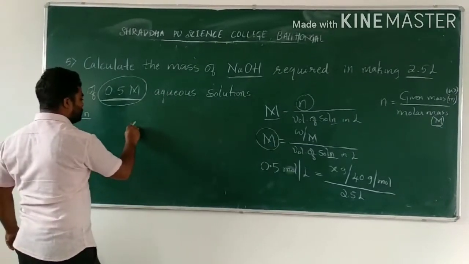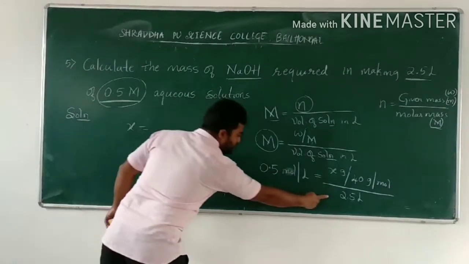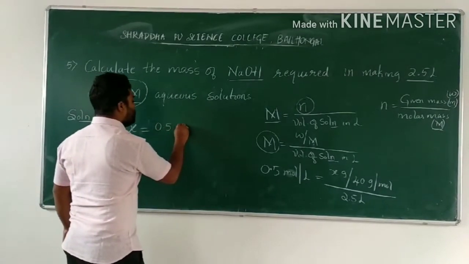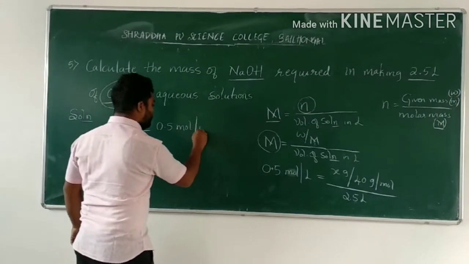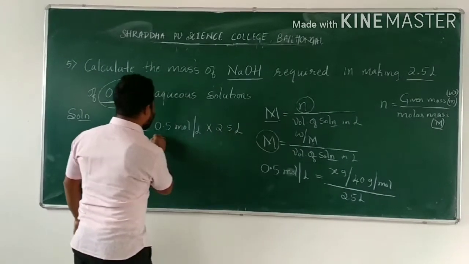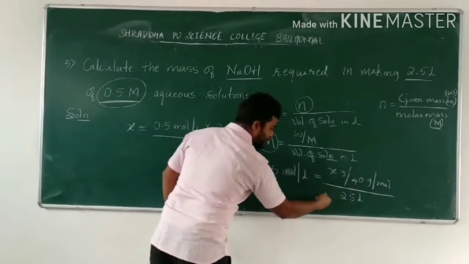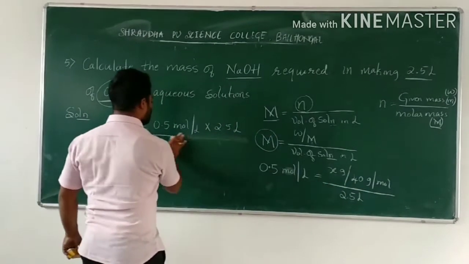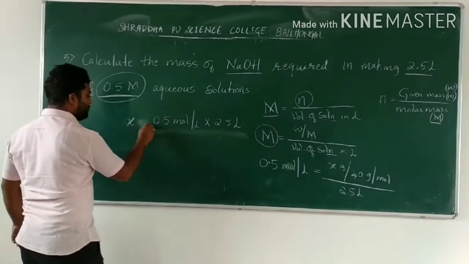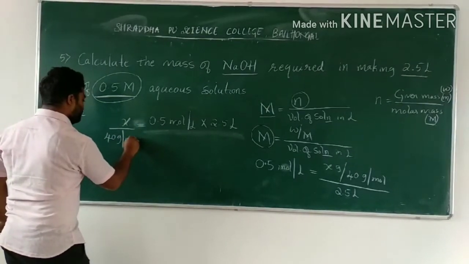Therefore x is equal to, I am going to transfer this on this side, that is 0.5 mole per liter into 2.5 liters divided by what is remaining here. Therefore this is equal to x divided by 40 grams per mole.